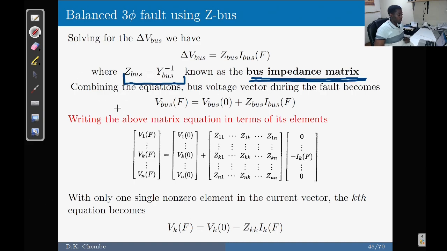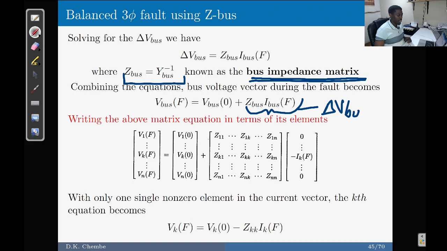Okay, so when we combine the equations, the bus voltage during the fault, V bus F, becomes equal to V bus 0 plus the change in the bus voltage, which can now be replaced by Z bus multiplied by I bus.